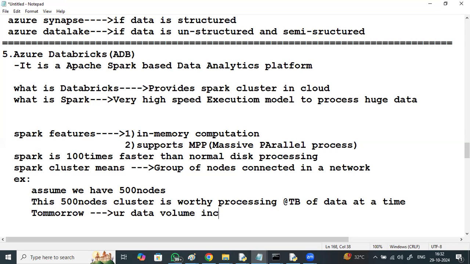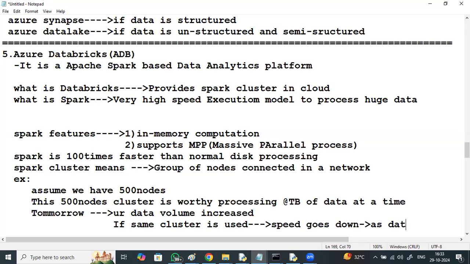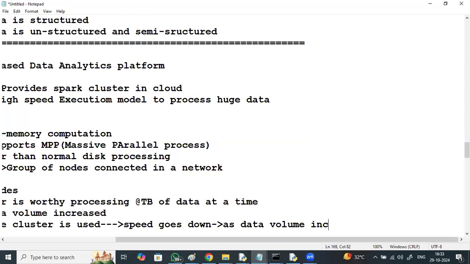Tomorrow your data volume increased. If the same cluster is used, speed goes down as data volume increased.